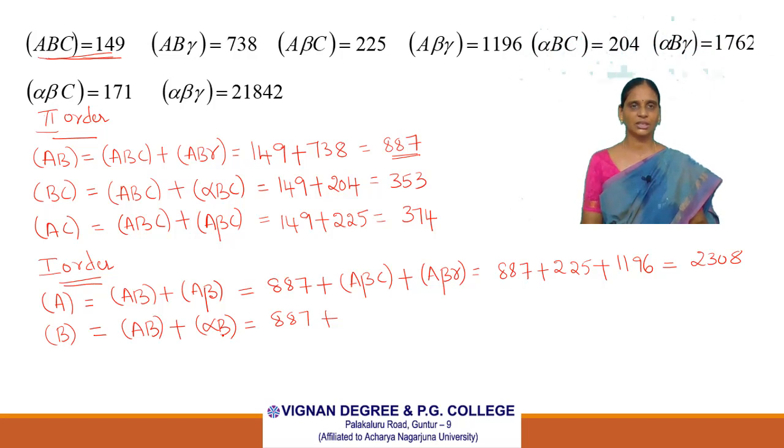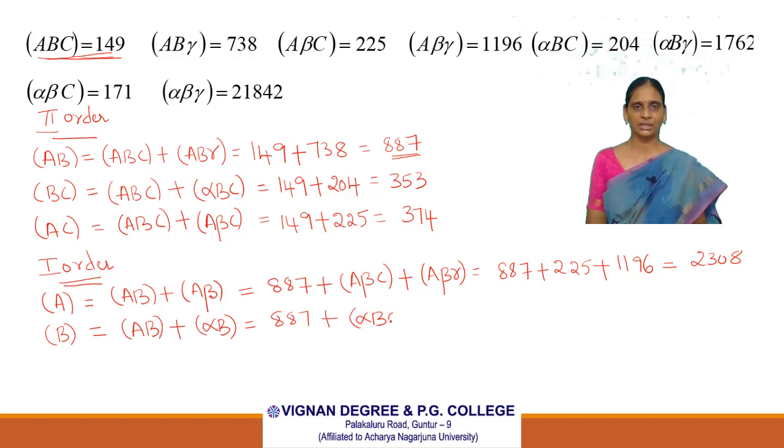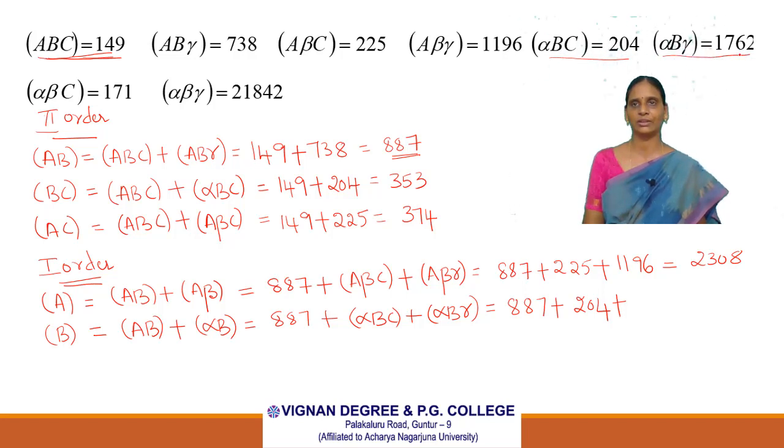This class frequency can be expressed in the third order terms, those are frequency of alpha BC plus frequency of alpha B gamma. This is equal to 887 plus frequency of alpha BC value 204 plus alpha B gamma. So frequency of alpha B gamma value is 1762.